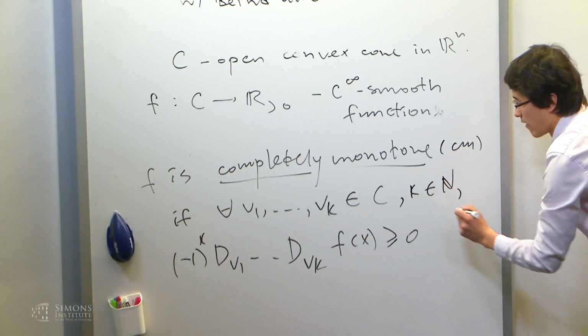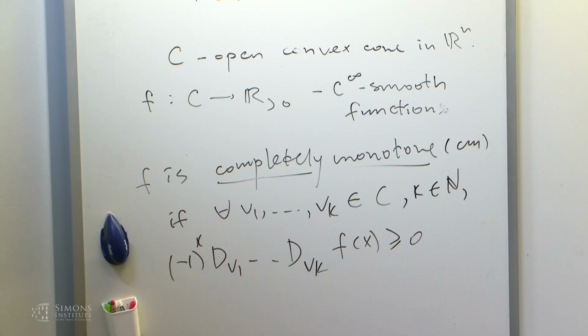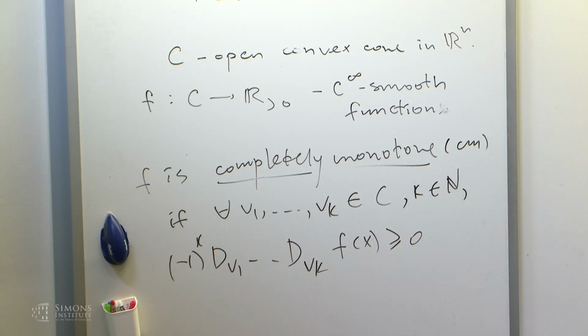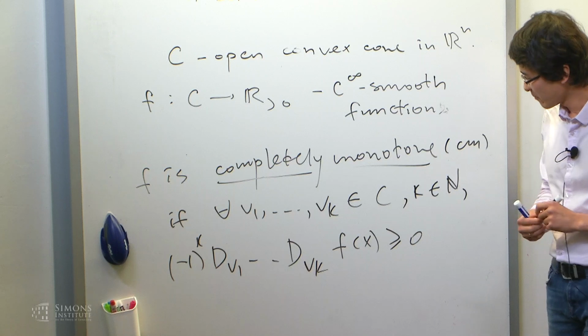You have seen a definition which looks similar in the talk of Cynthia, but I don't know what the relation is between log-concave functions and completely monotone functions, even if the definitions look very similar.